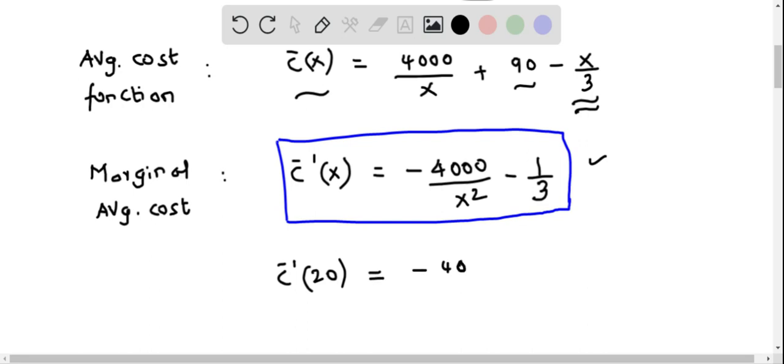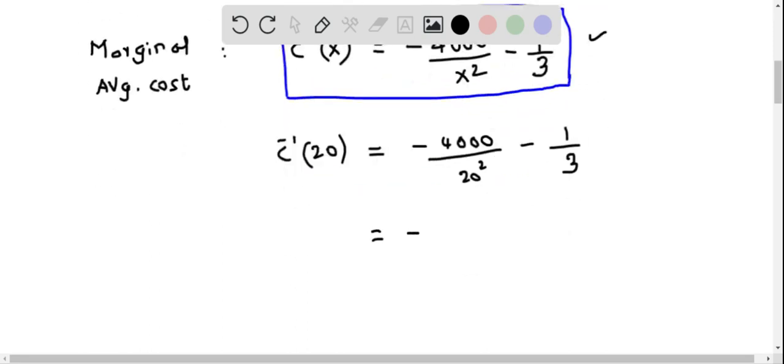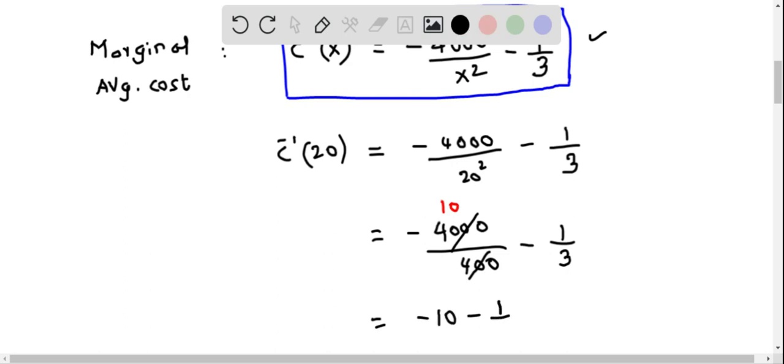This equals negative 4000 divided by 400, minus 1 by 3. 4000 divided by 400 is 10, so this becomes negative 10 minus one third.